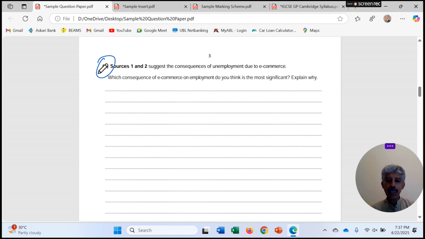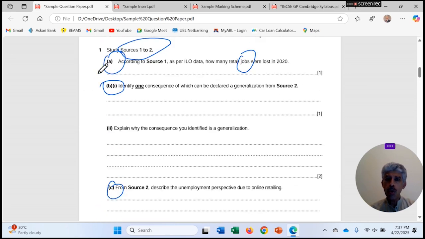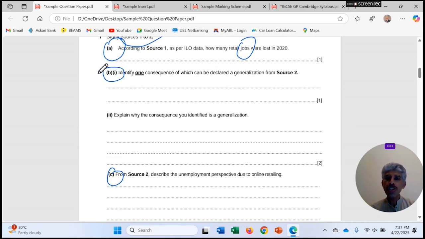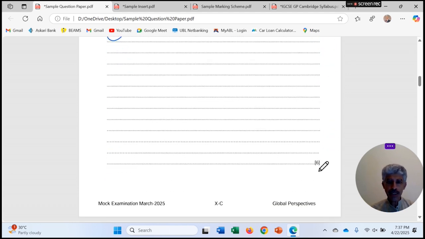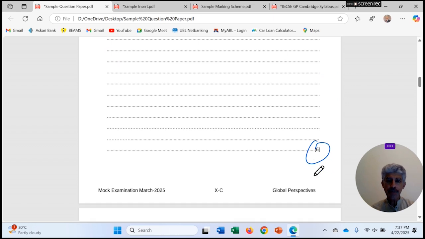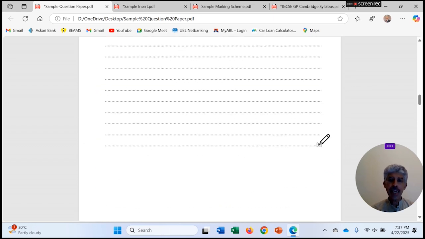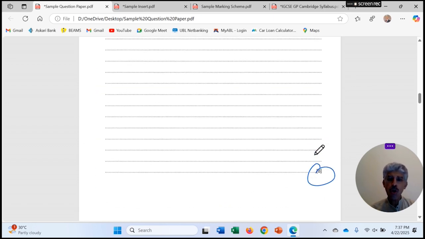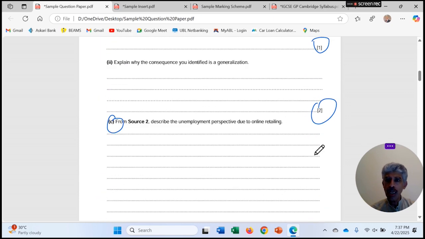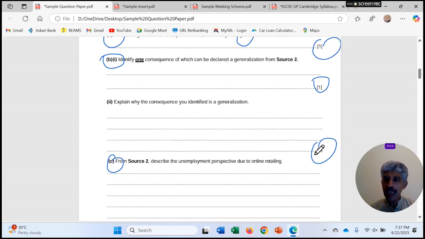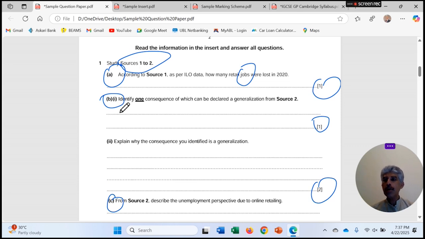Collectively, the marks for the whole of question number 1 are 1 plus 1 is 2, 2 and 2 is 4, 4 and 6 is 10, and 10 and 8 is 18. Question number 1 is of 18 marks in all, across those 4 parts A, B, C and D, and the B part has sub parts 1 and 2 as well.